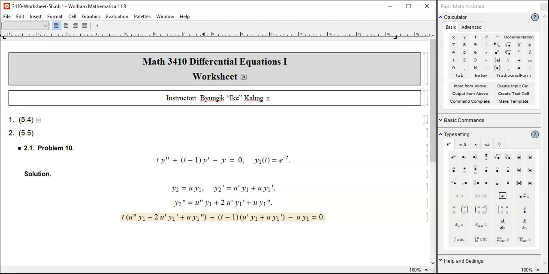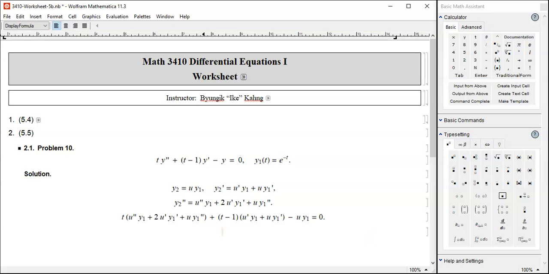Now what we are going to do is use the fact that y1 is a solution of this equation. And one way to do that is to get all those coefficients of u, and then this is t y1 double prime, and u is here, and then y1 prime with t minus 1 and u of y1. So that's what we are going to do.